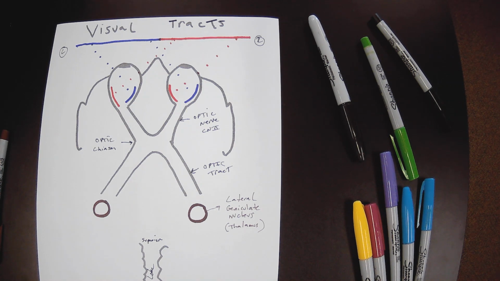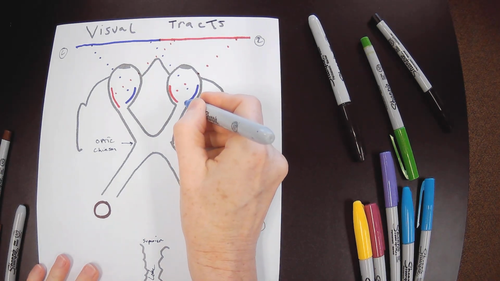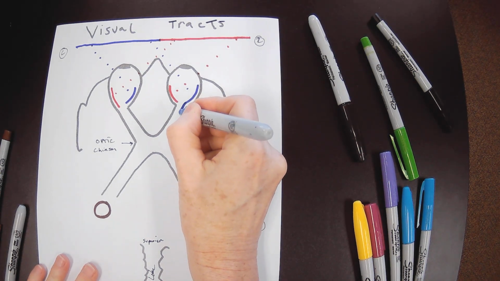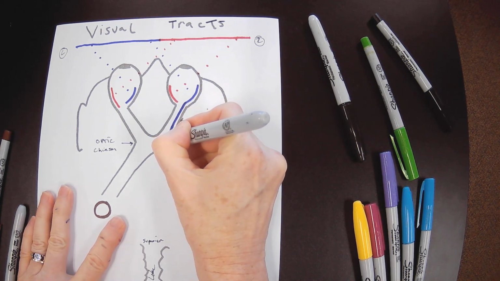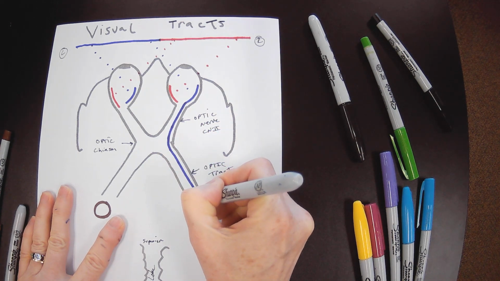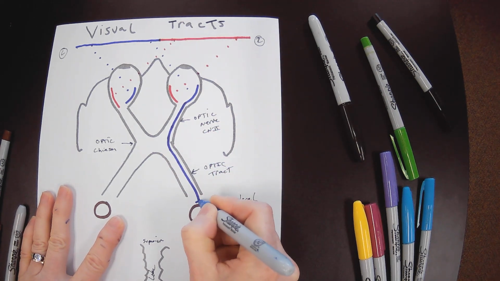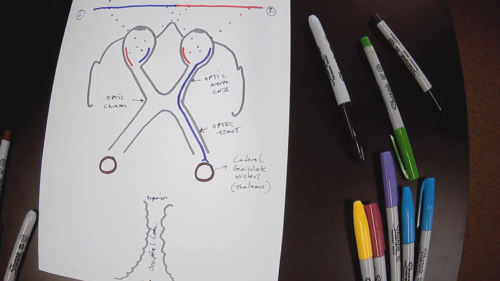Temporal retina doesn't do anything fancy, so it's going to come down. The temporal retina from the right side comes down through the optic nerve, stays no change through the optic chiasm, and coming down the optic tract just goes straight down the road, and then is going to synapse here on the lateral geniculate nucleus of the thalamus.